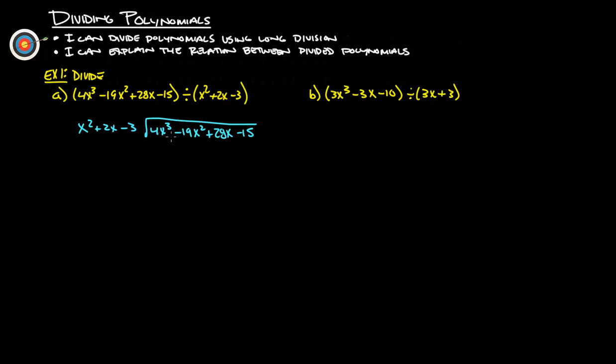Okay, now we're going to take 4x cubed and divide it by that x squared, and we get 4x. So our first piece here is 4x, right? So 4x times x squared is 4x cubed, which is what we want. We want them to match because we're going to end up subtracting them here. 4x times 2x is 8x squared, right?